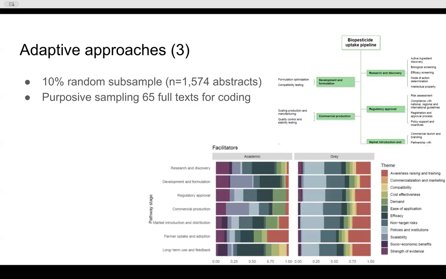And that allowed us to, both for grey literature and academic literature, look at, across all of those pathway stages, what the main themes of barriers and facilitators were, and how commonly articles had mentioned them. And because we'd taken a random sample, we were pretty sure that there was limited reason to suspect that within any of those there would be a systematic bias.